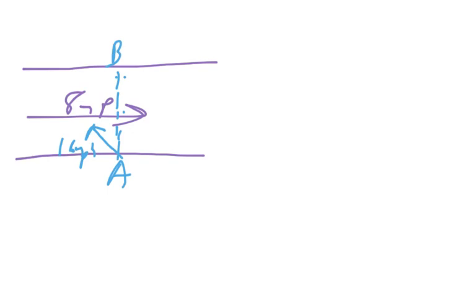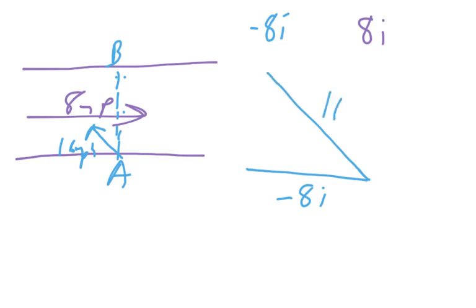Since we want this to be perfect, and I know that the purple one is 8i, I know that I want the blue one to have negative 8i. So this has to be negative 8i. This has to be 16.